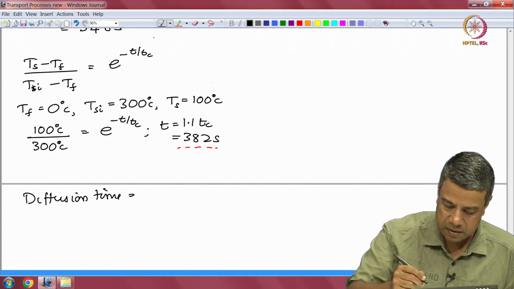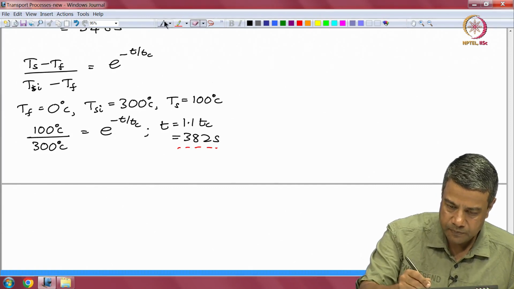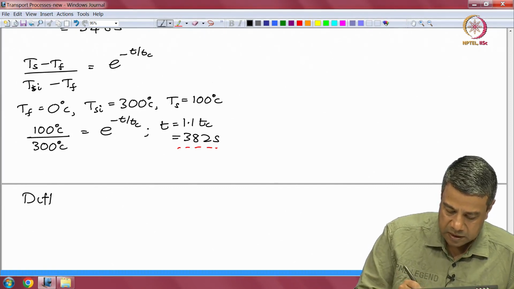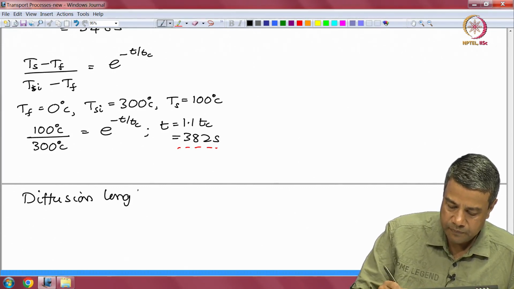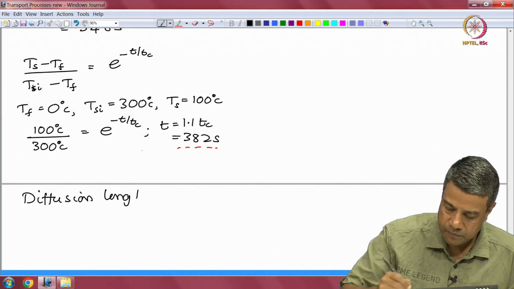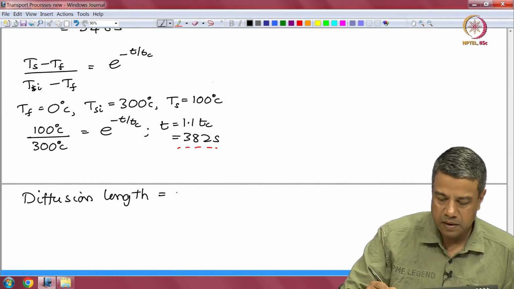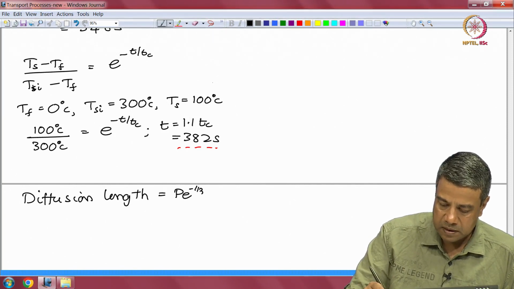So, let me first go back. Diffusion length is equal to Pe power minus 1/3 times d.